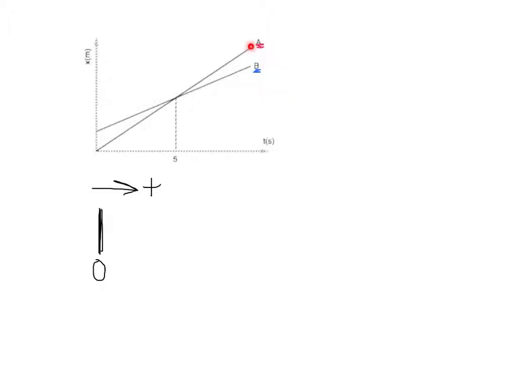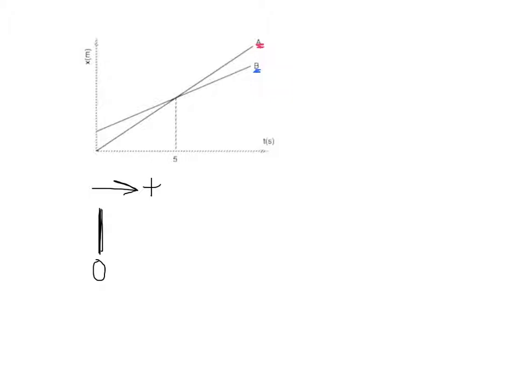So what is that telling me? A constant positive slope. And hopefully by now you remember that the slope of a position time graph is what again? Velocity. So it's traveling in the positive direction with a constant positive velocity.